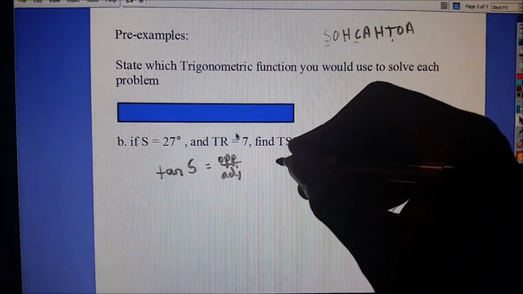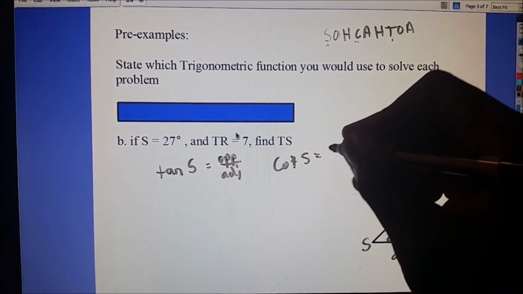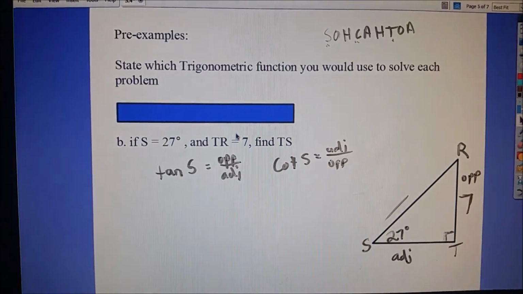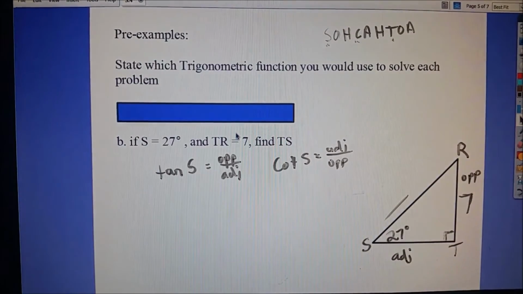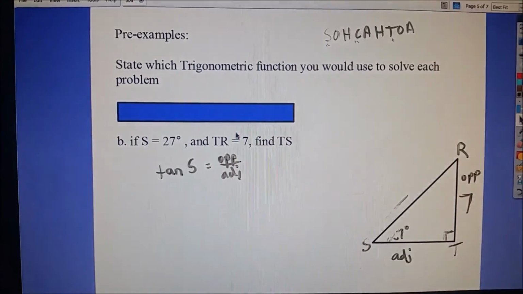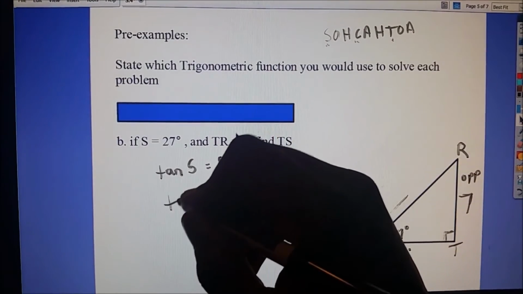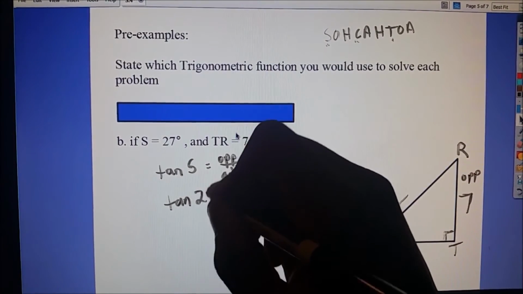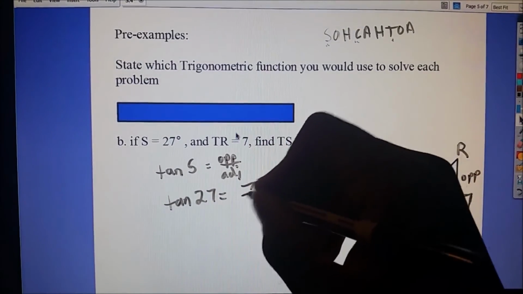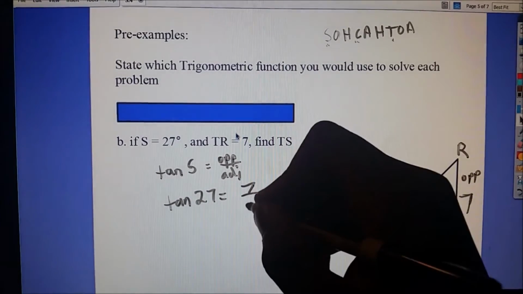Okay, you could also say cotangent, because cotangent of S would be adjacent over opposite. But for right now, let's stick with our three main trig ratios. So let's plug in what we know. We have tangent of 27 is equal to the opposite, which is 7, over the adjacent, which would be, we don't know.